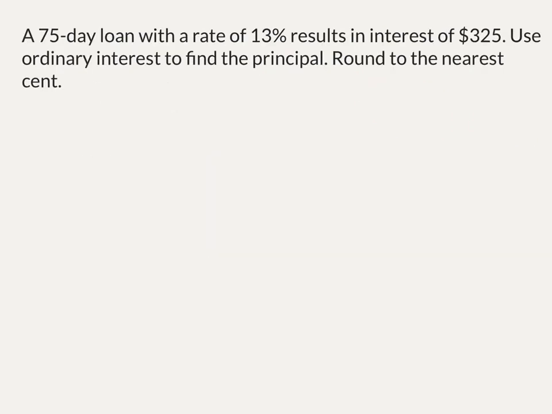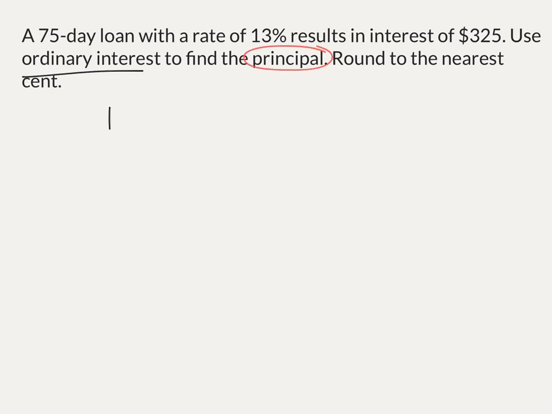A 75-day loan with a rate of 13% results in interest of $325. Use ordinary interest to find the principal. So we'll use the simple interest formula again, but this time we want to find the principal, not the interest.